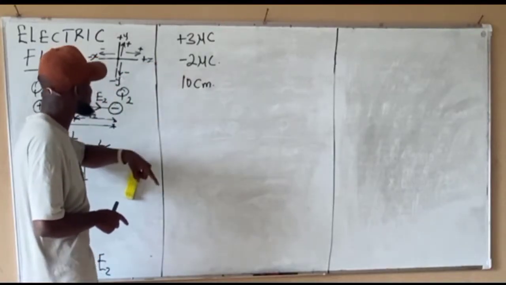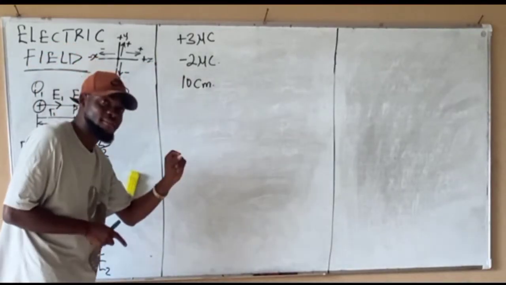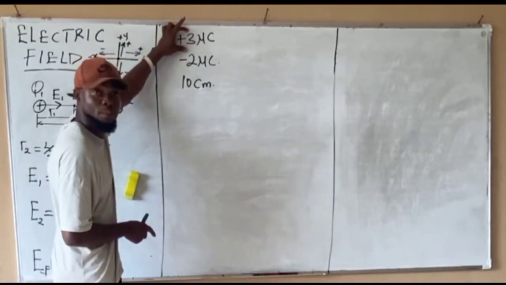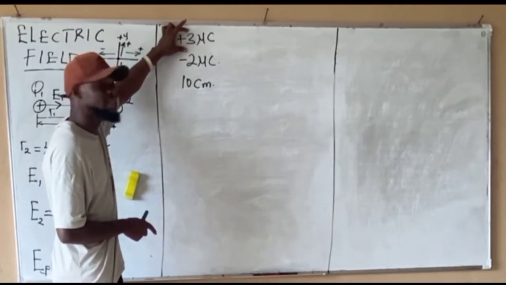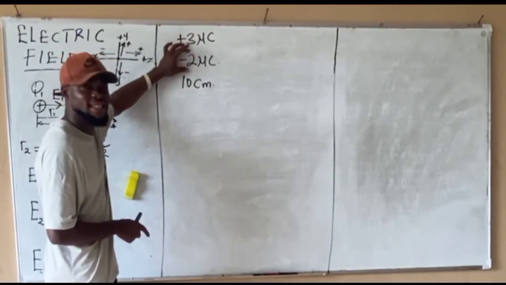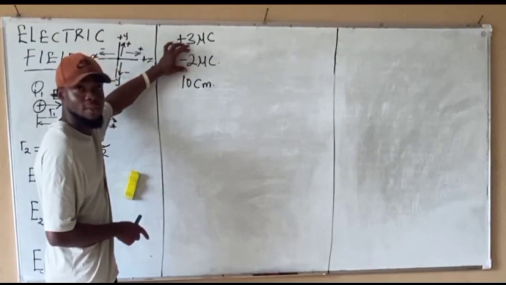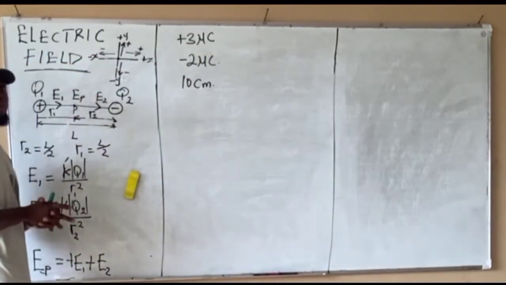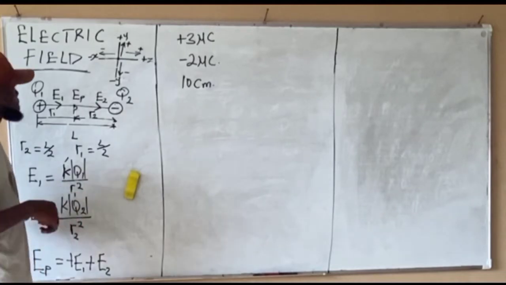Then the second question is, obtain the field strength at a distance of 4 cm from this plus 3 microcoulomb and 6 cm from this minus 2 microcoulomb. So let's see what we are going to have if we solve this. So let's go.